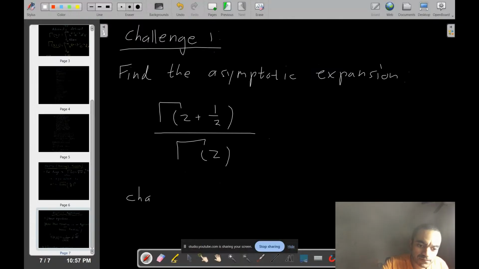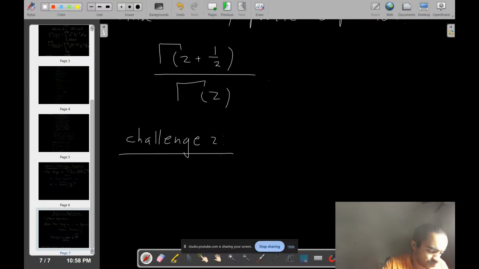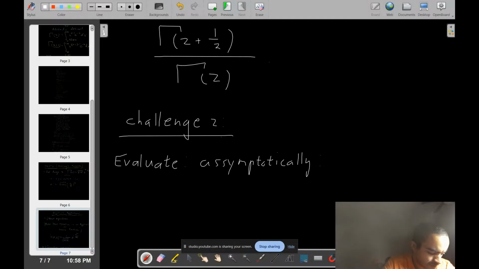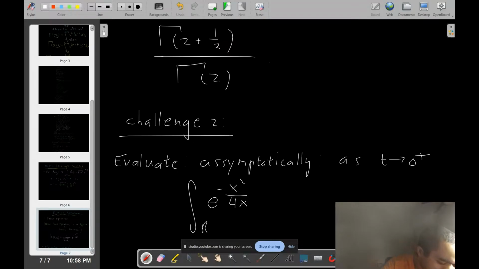Okay, challenge number 2. Evaluate asymptotically, as t approaches 0 from the right, the integral over the real numbers of e to the negative x squared divided by 4t, sorry, 4t, times f of x dx.